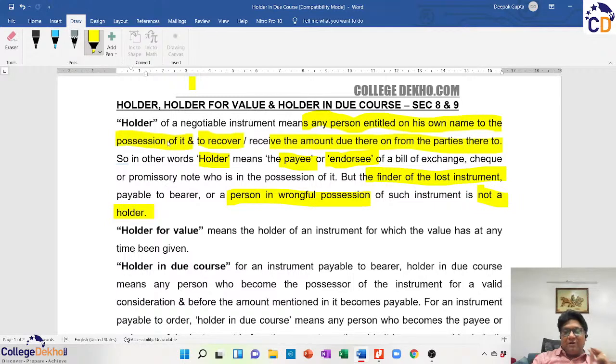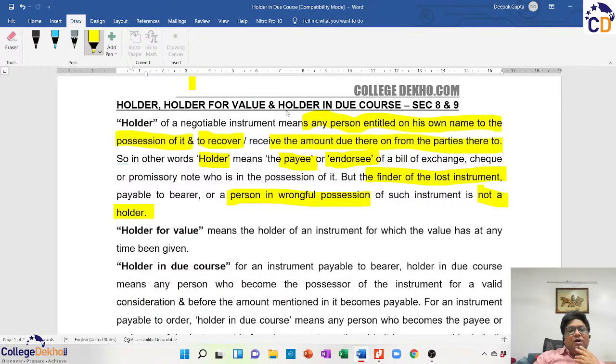So I am again repeating, holder is not someone who simply holds the instrument. Holder is that person who is entitled to receive the payment, or actually receives the payment by right, because he is the person who should have been receiving the payment. That is why he is the lawful holder of the instrument.